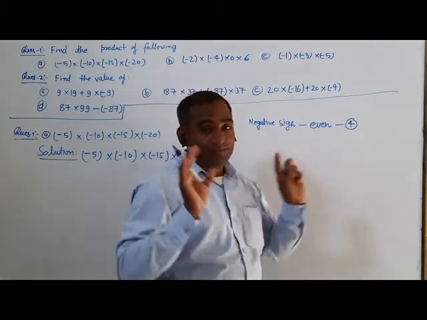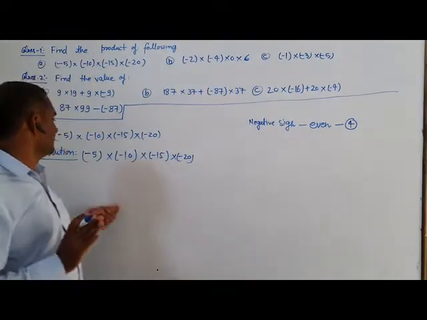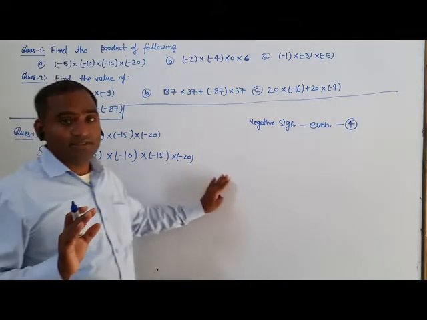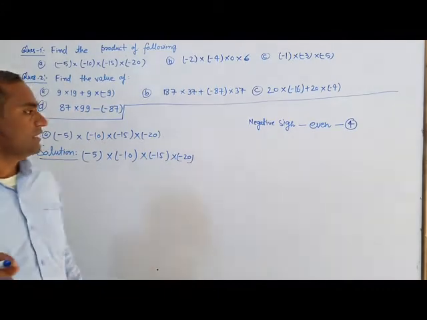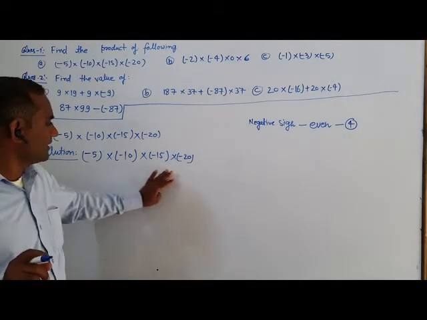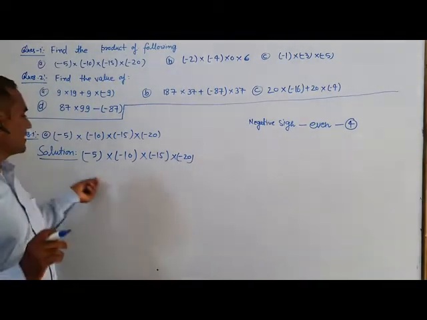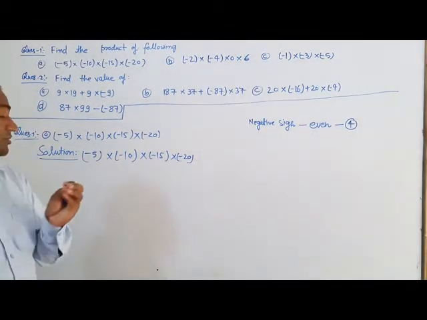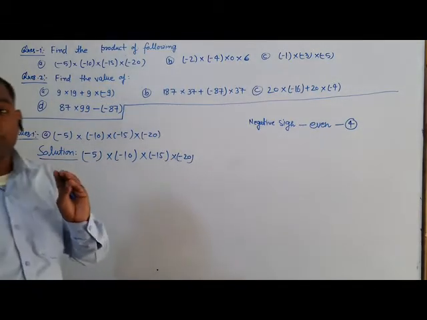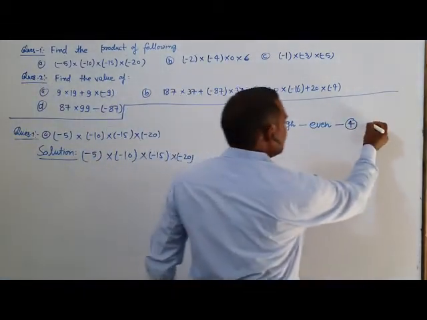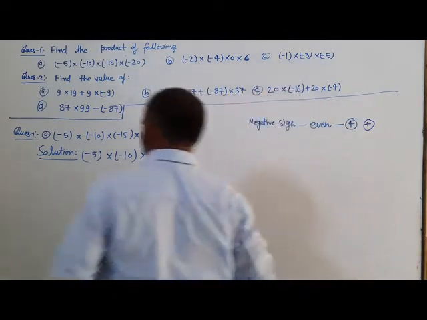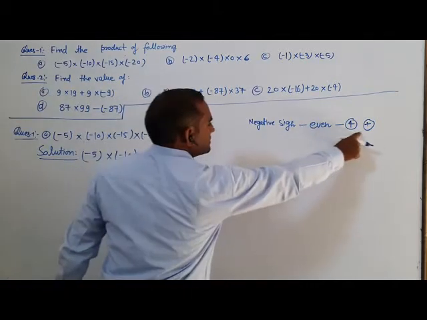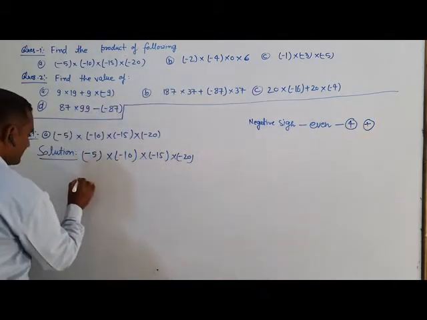When in the multiplication number of minus sign is even, then the sign of product is positive. अगर मल्टीप्लाई कर रहे हैं इंटीजर का, उसमें नेगेटिव साइन माइनस साइन अगर इवन नंबर में है तो प्रोडक्ट का जो साइन होगा वो प्लस होगा. तो इवन है इसलिए साइन क्या होगा प्लस. तो यहाँ पे 1 2 3 4 इवन नंबर है इसलिए प्लस साइन होगा प्लस.